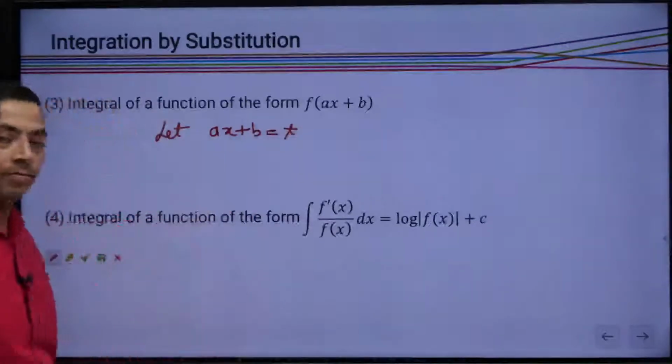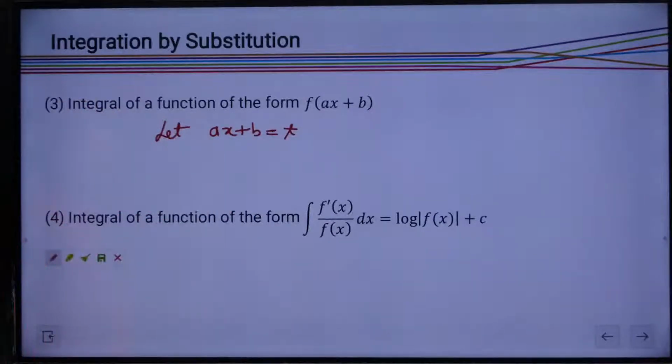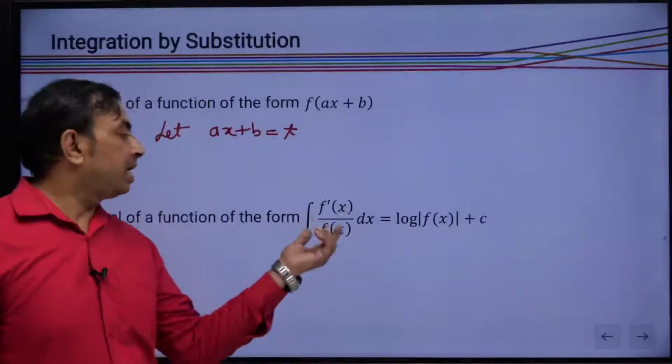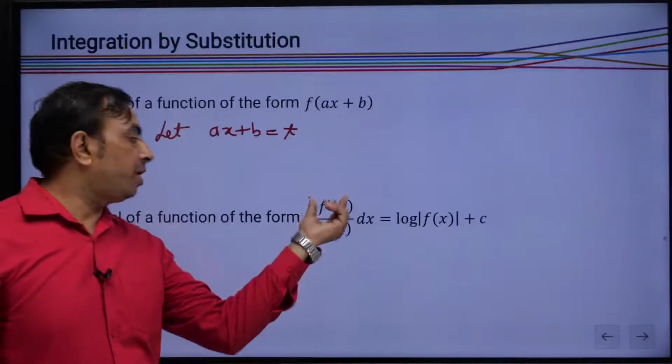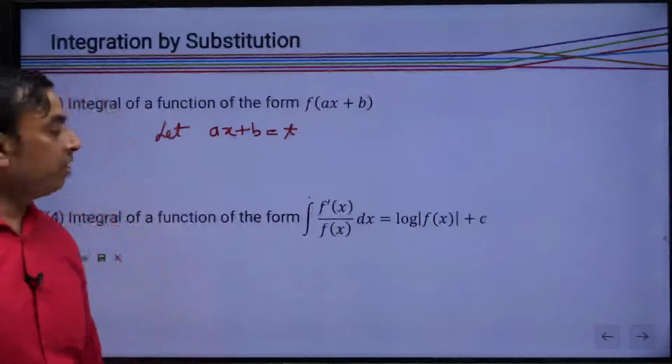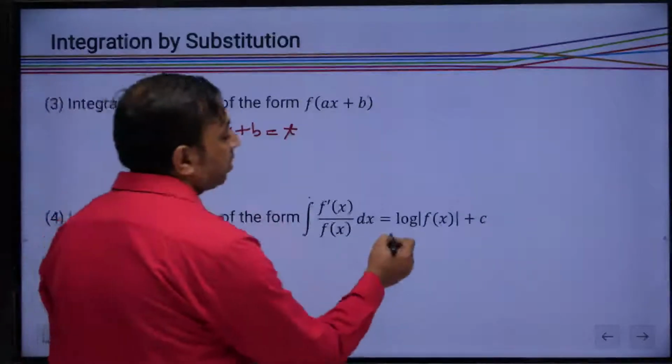Use the substitution and convert your integration into a simpler form and just proceed with the normal rules. Another form where the derivative of the function is divided by the function, or you can say the derivative of the function is available in the numerator while the function is available in the denominator, we can use a direct formula, the log of f(x).